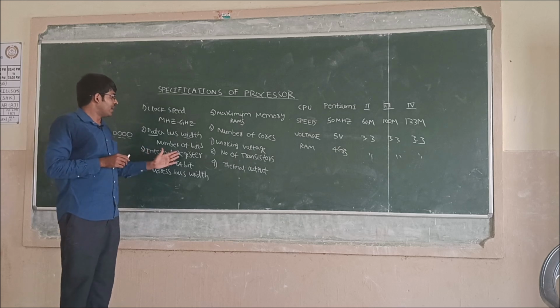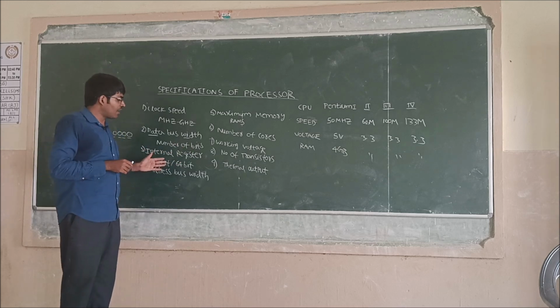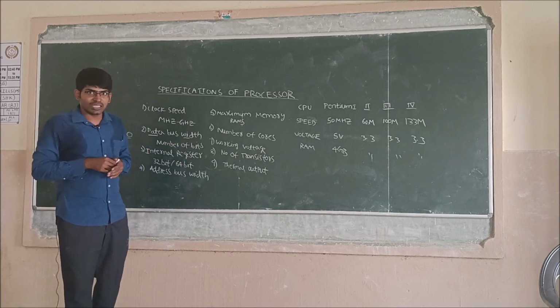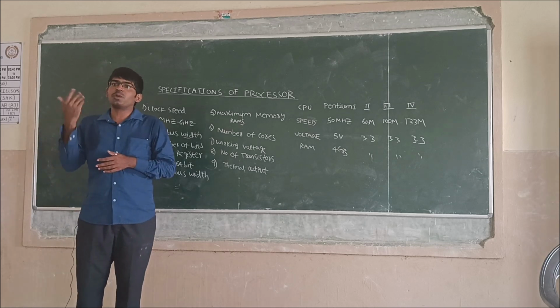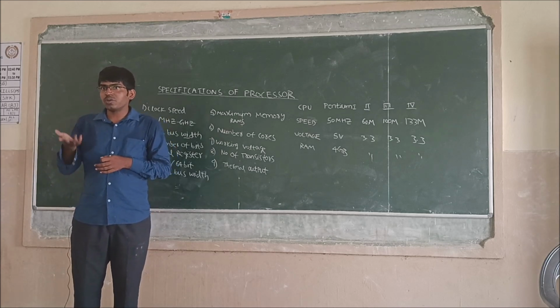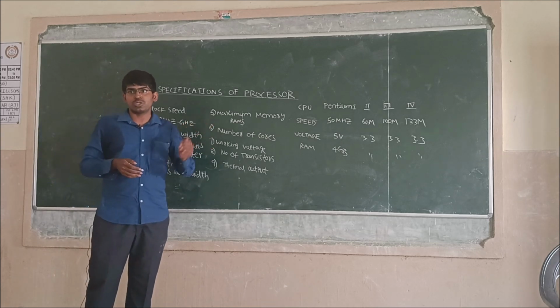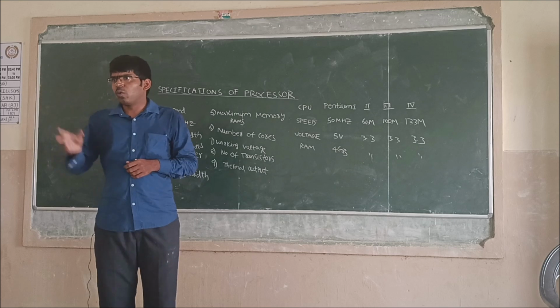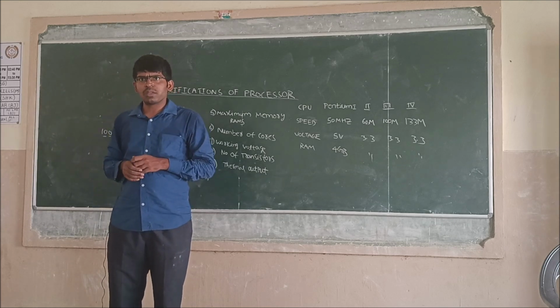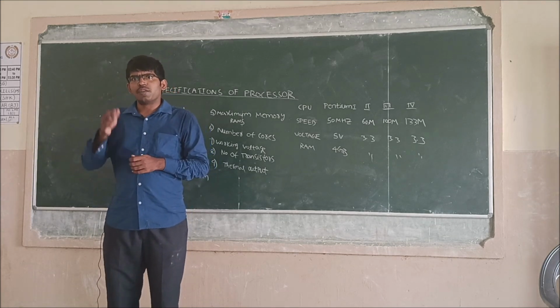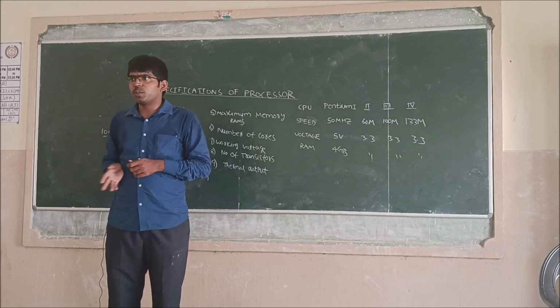Okay. Next, internal register. If it has 64 internal registers, then we call it a 64-bit processor. If it has 32 internal registers, we say it is a 32-bit processor. Generally, whenever we download some apps on a Windows system, it asks whether it is a 32-bit or 64-bit processor.